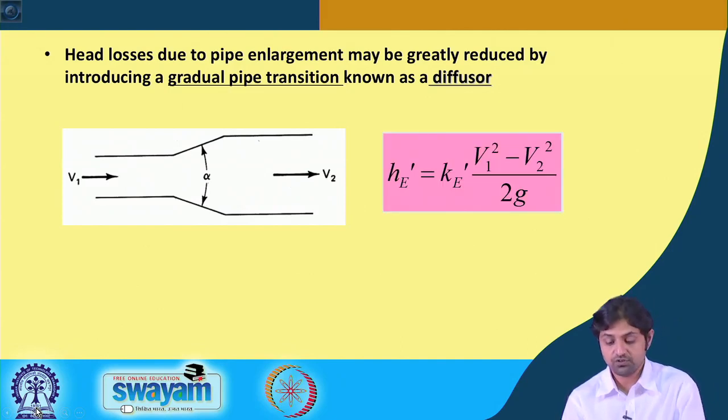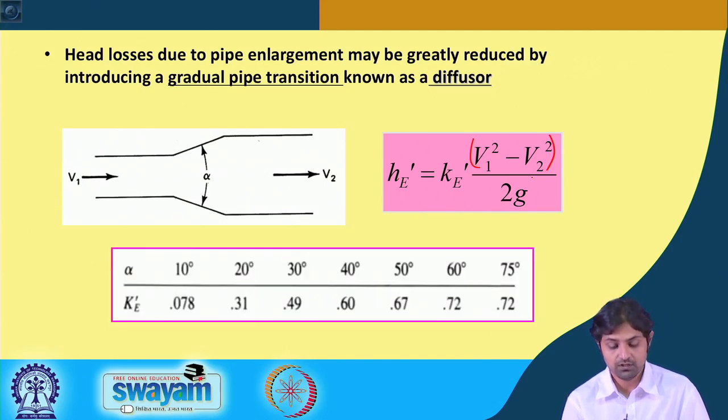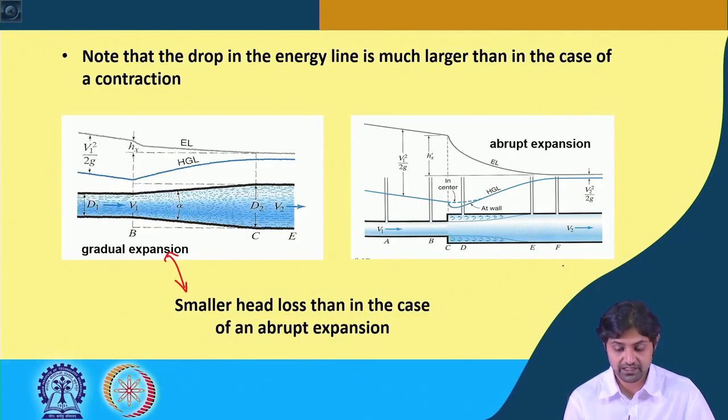In this case also we will have a formula for the head loss as Ke dash into V1 square minus V2 square by 2G, and Ke can be taken from this table. You will be provided with those values if some question comes for the gradual pipe transition, gradual contraction or gradual expansion. But you have to remember the scenarios like this.